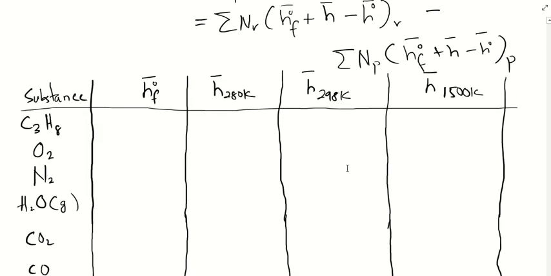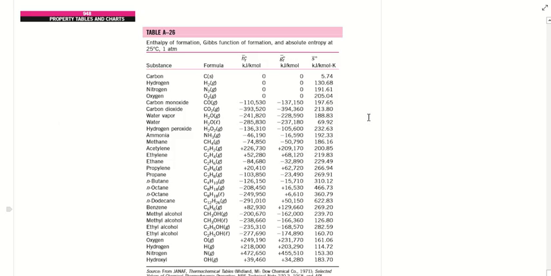Okay, alright. So first we need to find the enthalpy of formation for each substance. So we need to refer to the property table, table A-26. So oxygen, nitrogen, and we have H2O, right?